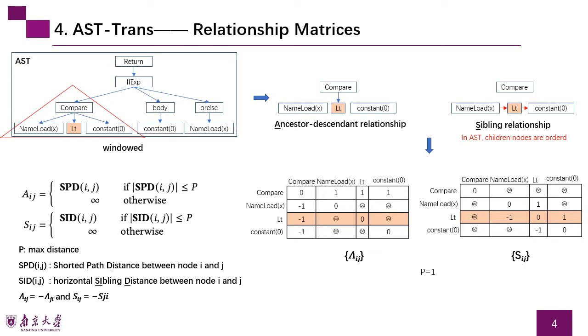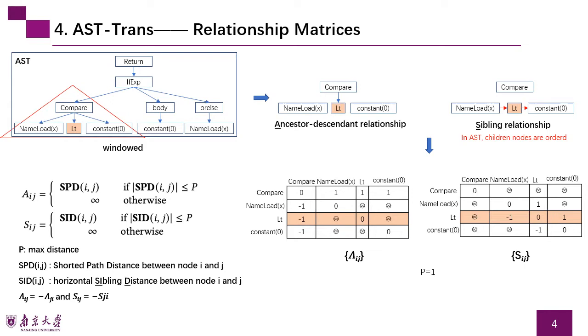Specifically, two nodes have the ancestor-descendant relationship if there exists a directed path from the root node that can traverse through them, and two nodes have the sibling relationship if they share the same parent node. Formally, we use SPD_ij and SID_ij to denote the shortest path distance and horizontal sibling distance between node i and node j.